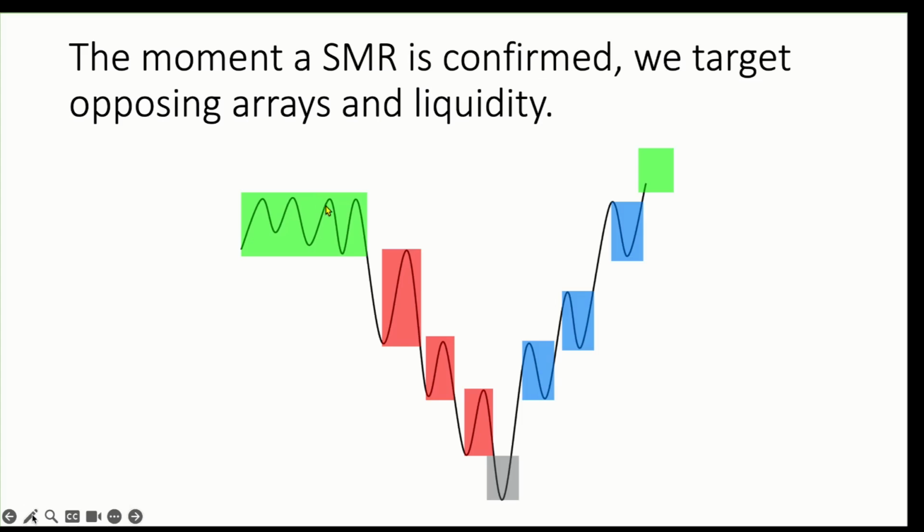As a beginner, as someone who has just started to learn about market maker models, what you can do is draw a range with your Fibonacci tool from this high right here, the high of the original consolidation, to the low of the smart money reversal, measure where 50% is at, where the range midpoint is at, and try to target that.